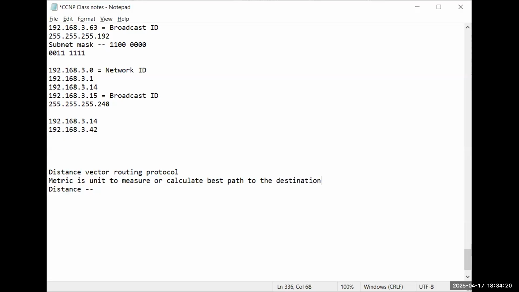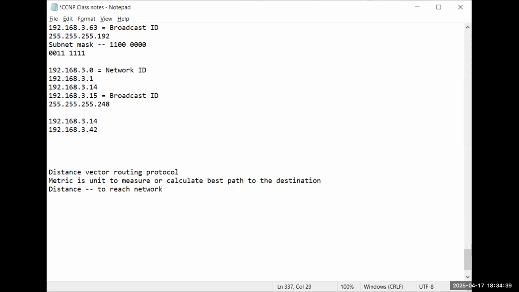Okay, that is metric. So here distance vector uses distance as the metric. Okay, so distance is nothing but the distance to reach the network, the destination network.